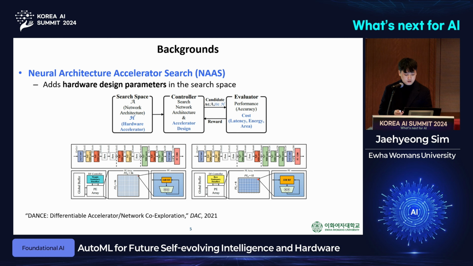Basically, what we do here is that we add hardware design parameters in the search space, like for example the number of processing elements, size of SRAMs, bandwidth of memory. Those kinds of hardware design parameters are included in the search space. And we search through this combined search space to get both optimal network architecture and hardware accelerator design.